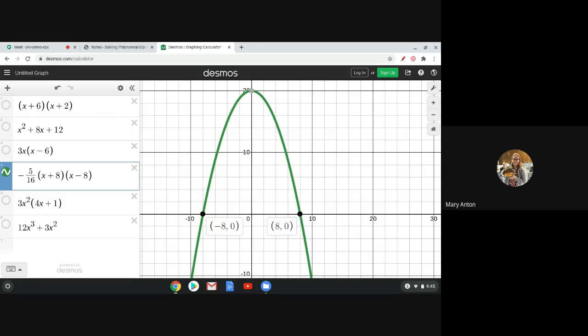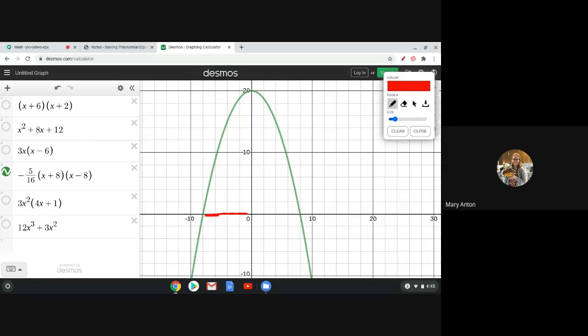So the question is, find the width of the entrance at the ground level. On the ground level, that's the x-axis. So we're really just looking for the distance from x equals negative 8 to x equals 8. You might already say, I know that's 16, because the distance from negative 8 to 0 is 8, and from 0 to 8 is 8 too.